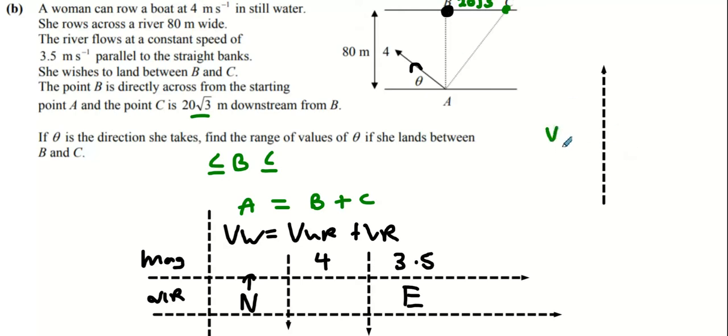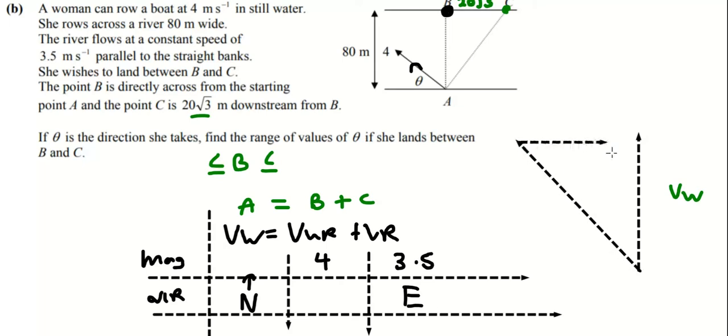The velocity of the woman has to equal the other two added together. So we'll start off with v_WR, which goes this direction here, and then it gets counteracted by v_R. So v_R goes right, and v_WR goes up.